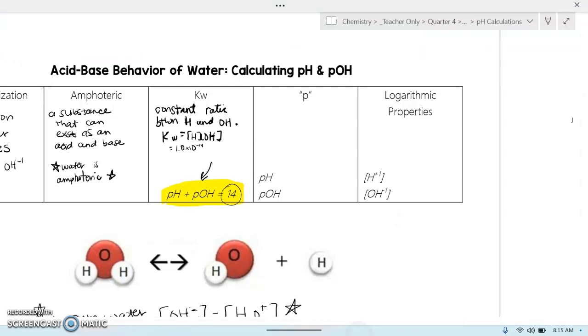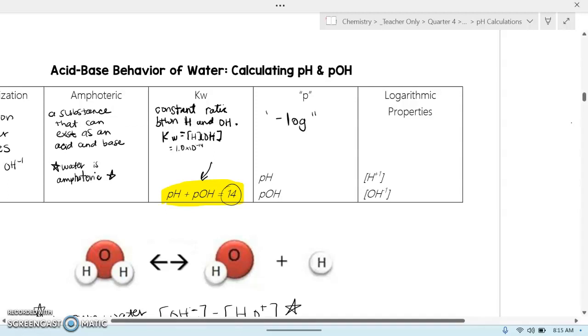Whenever you see the P, like pH, pOH, that just is a mathematical symbol for negative log. And in your calculator, you would just click the negative sign and then the log, and then type in the concentration of whatever you're P'ing. pH would be representing the P of the hydrogen concentration.